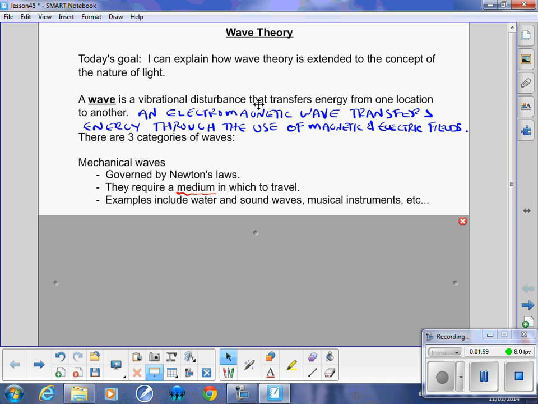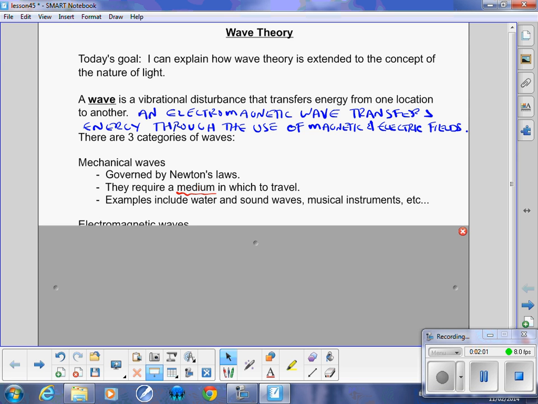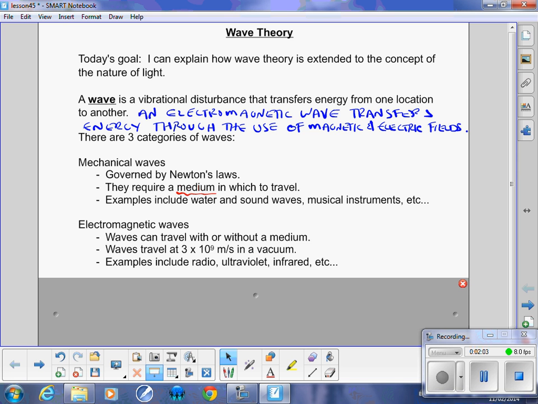Okay. Then we move into some newer types, and these are the ones we're focusing on a little bit more. Electromagnetic waves are our second category here, and they are waves that don't need a medium. So this is how light gets from the sun to earth. It travels as an electromagnetic wave. It doesn't need a medium. Now, all electromagnetic waves travel, typo here, should be to the exponent 8.